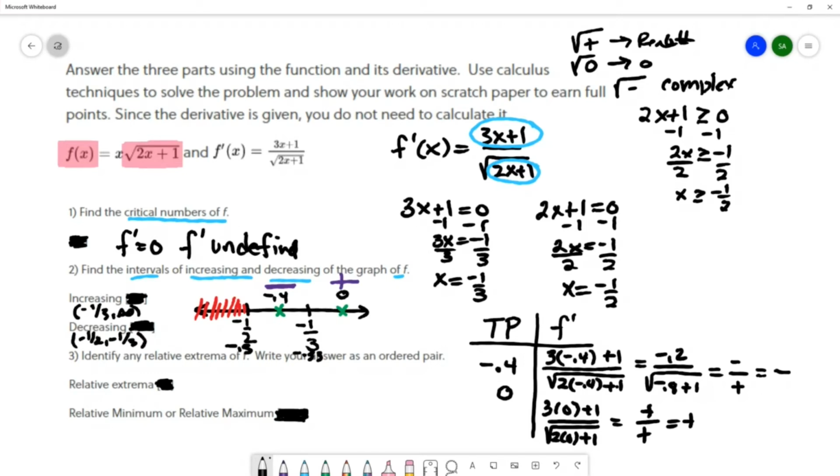And then for our final part, we want to identify any relative extrema. Relative extrema is when we have a change from increasing to decreasing or decreasing to increasing, which we have in this example. Over this point of negative 1/3, you can see that we have a change from decreasing to increasing.